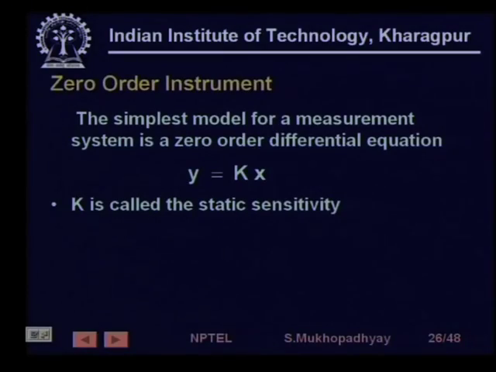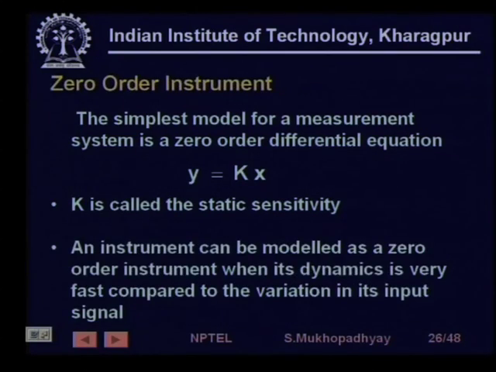So, the input output ratio is linear, and this linearity exists from instant to instant. For such instruments there is no dynamics, and the static characteristic is the only characteristic that you need to see. So, such instruments are called zero order instruments.